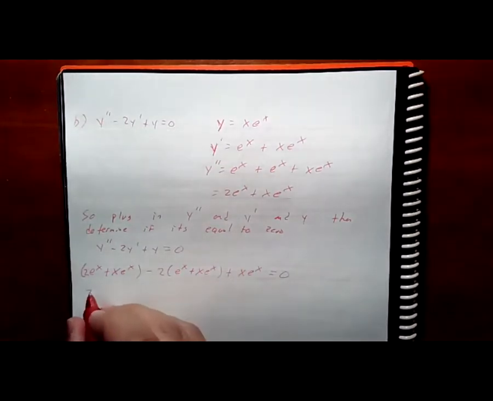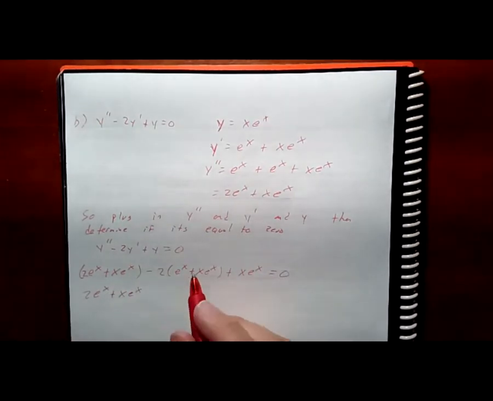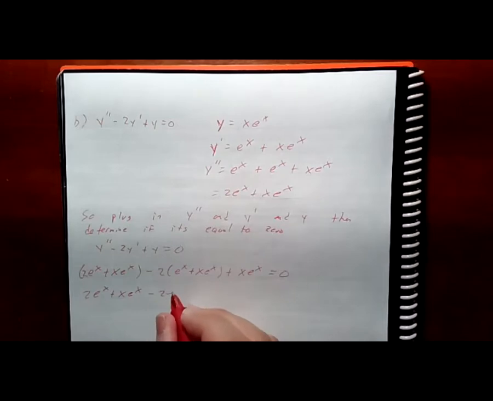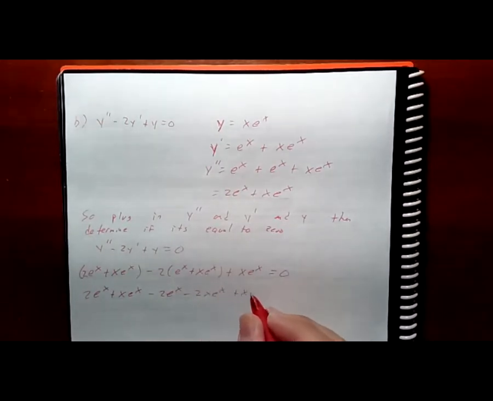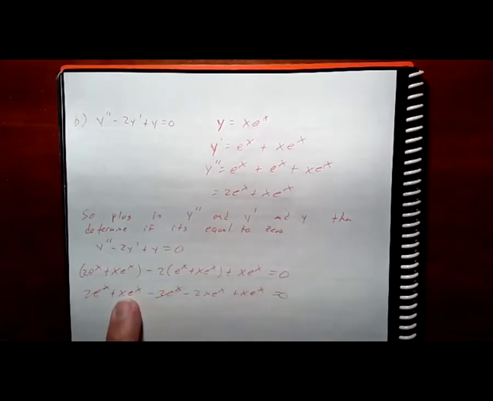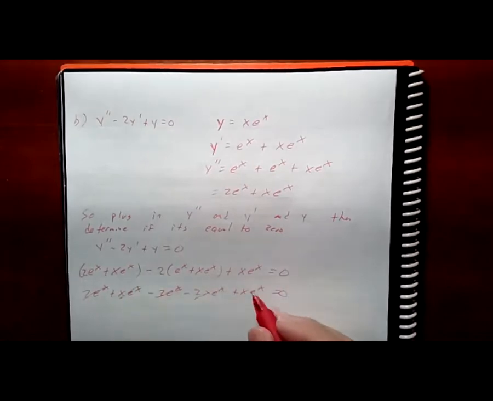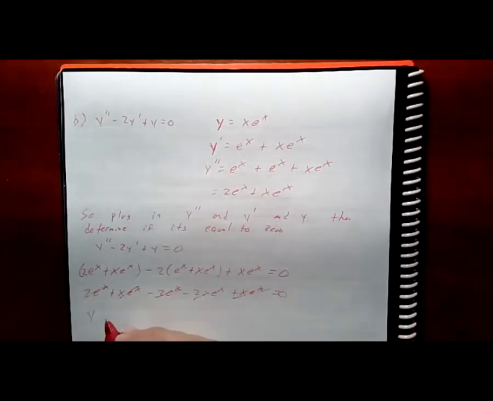So let's see what we get. So 2e^x plus xe^x. Distribute your -2, that'll give us minus 2e^x minus 2xe^x plus xe^x. So these are gone for sure. Got 1, 2, and minus 2 of the same term, which will be 0. y is a solution.